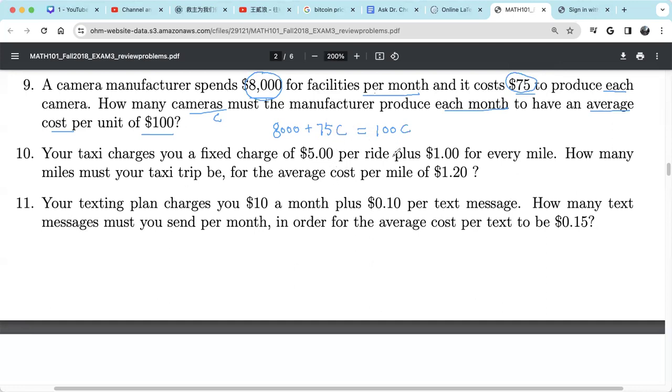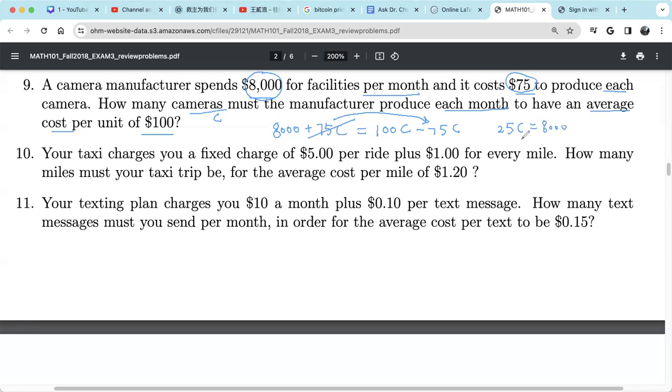So we have made a linear equation. Right now, we subtract 75C on both sides, or move positive 75C to the other side, where it becomes a negative. So 100C minus 75C is 25C, 25 cameras equals 8,000.